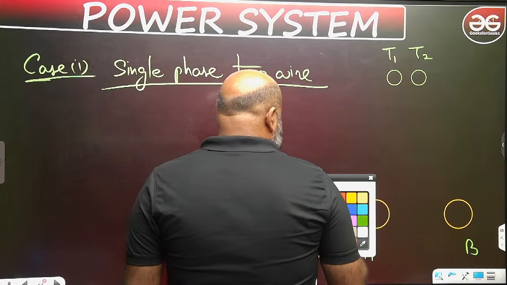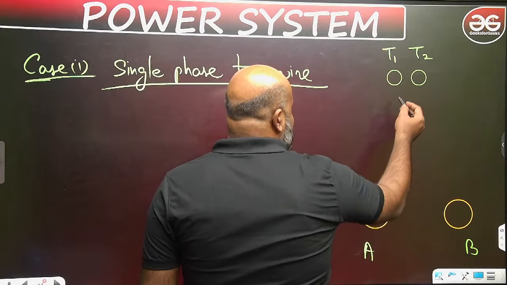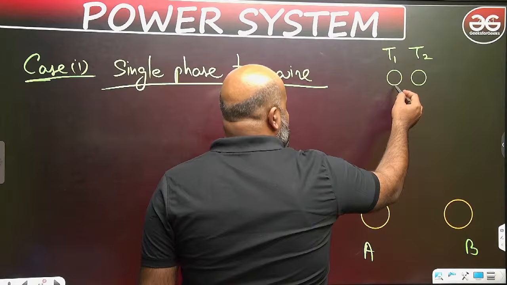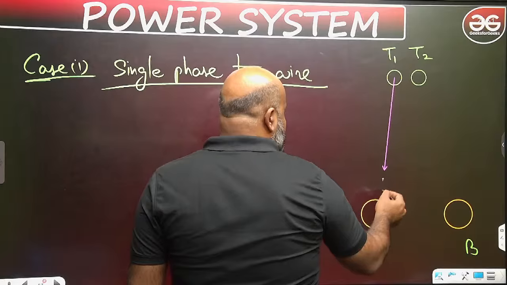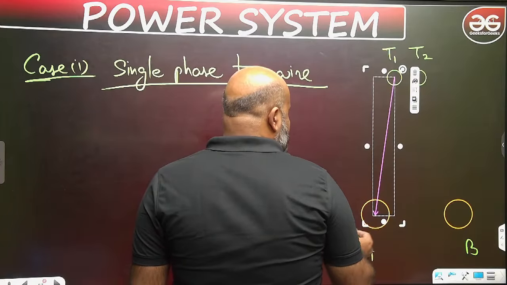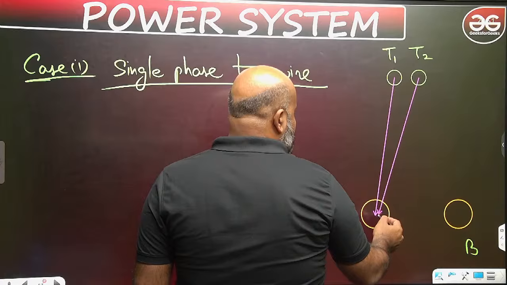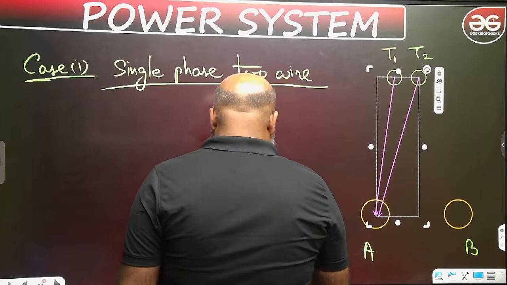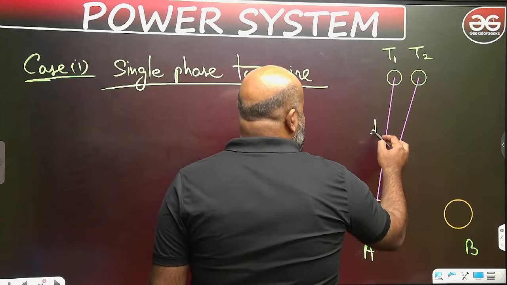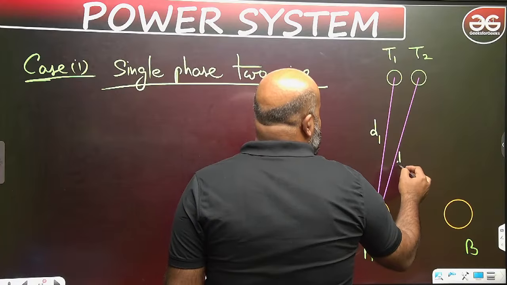Now let me draw the distances between them. So if you see this distance and this distance, I am defining this as D1, this is D2.